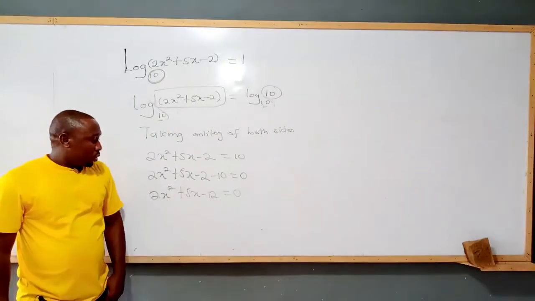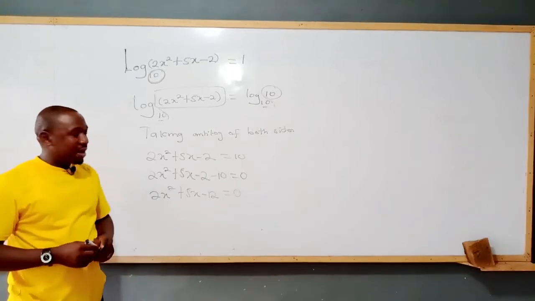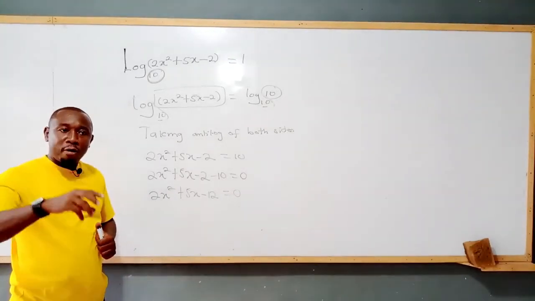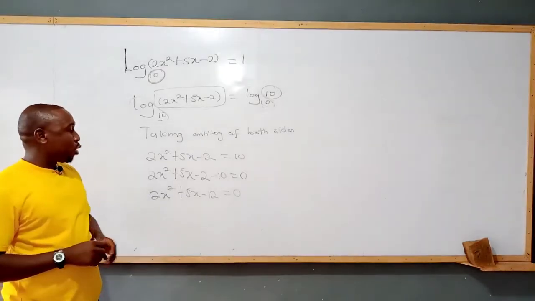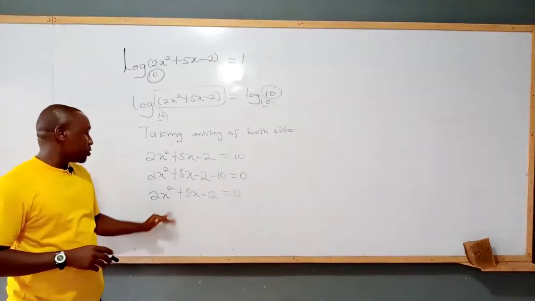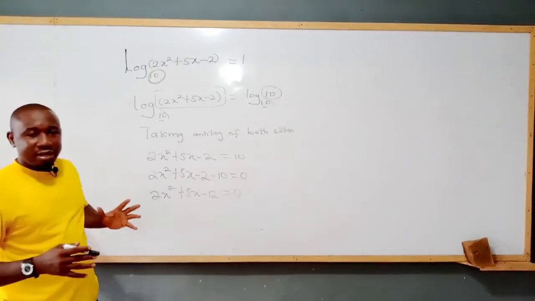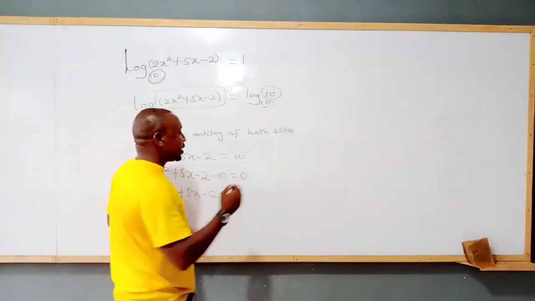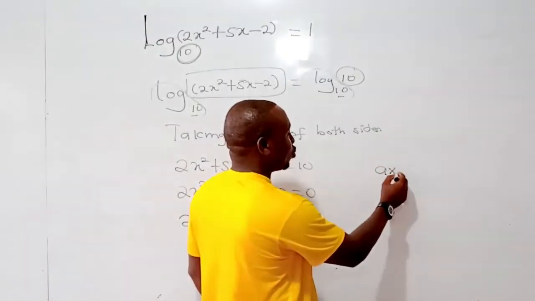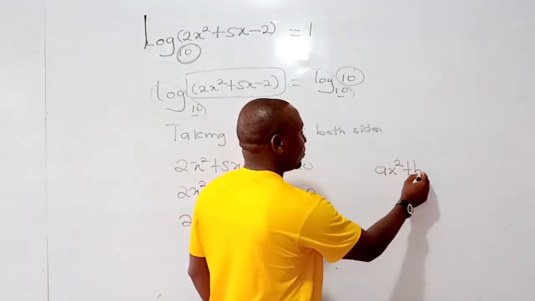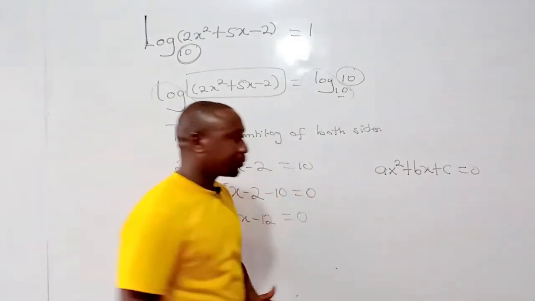Now, with this, we need to learn how to solve a quadratic equation. Let me make a comment here before we tackle the quadratic equation. We know the general quadratic equation is given by ax squared plus bx plus c is equal to 0.